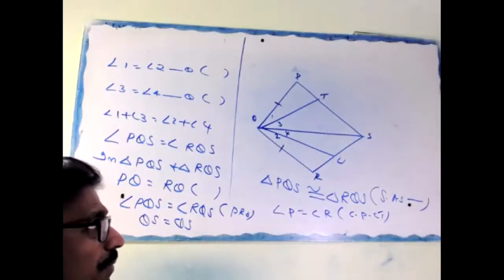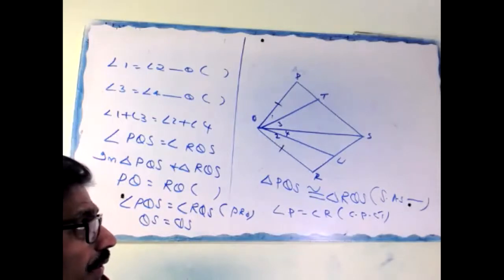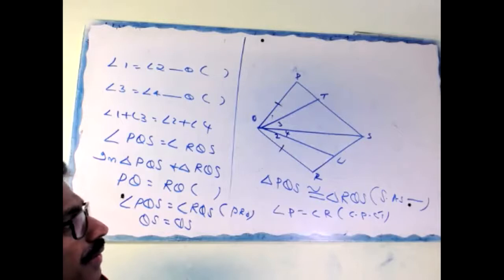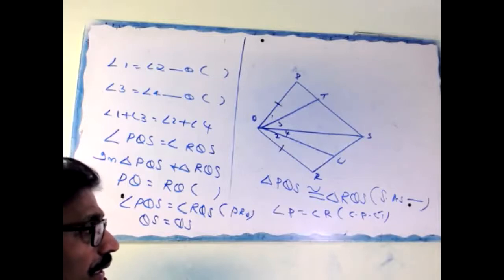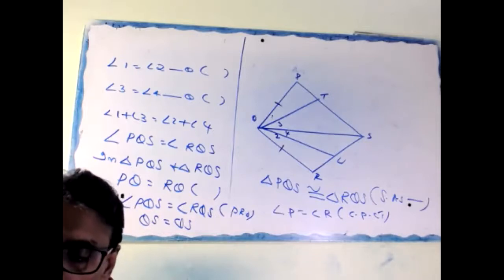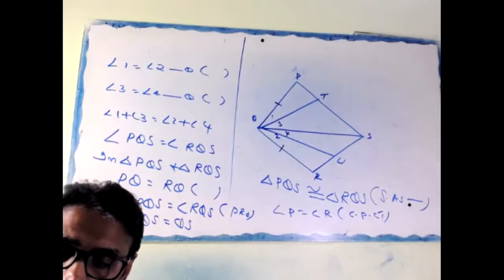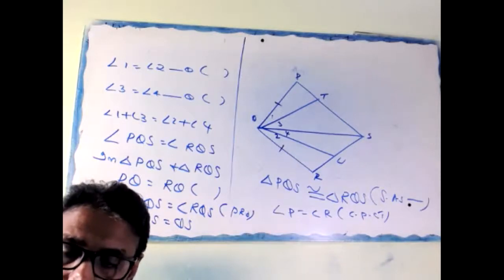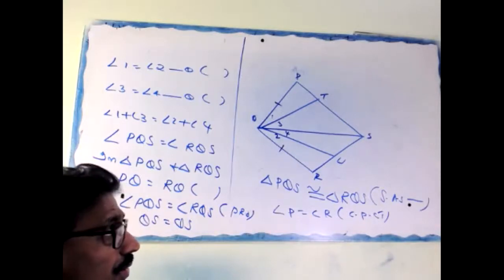In triangle PQT and RQU, angle P equal to angle R. How will you prove it?